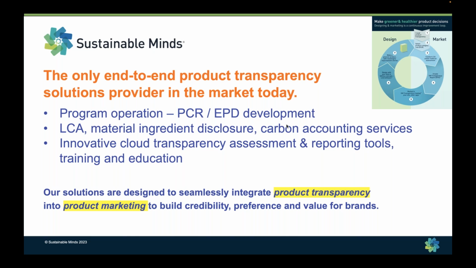And so the Transparency Catalog is where everything ends up and where you hit the interface with the manufacturer. And that's why we are continually educating both manufacturers and the building construction industry about the technical challenges and opportunities of disclosure, and then why manufacturers need to integrate product transparency into product marketing, because that's how people make decisions now, and why it's important for the building construction industry to select and specify products with transparency information, because those manufacturers are making an effort, spending a lot of time, a lot of money, taking a lot of risk, and they're measuring what matters and they're sharing it with the market.